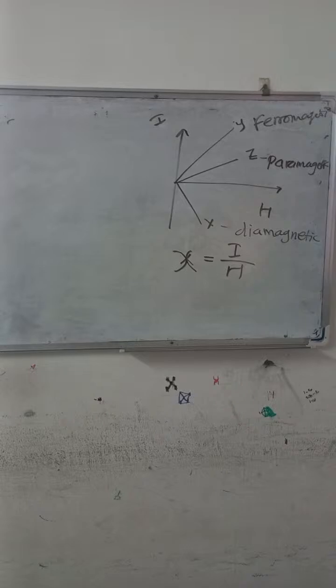Second one, show graphically the variation of susceptibility with temperature for X. X is nothing but diamagnetic. As it is diamagnetic, the value is negative, so chi m is small and negative. It is unaffected by change in temperature.